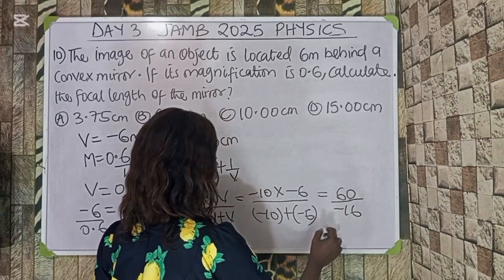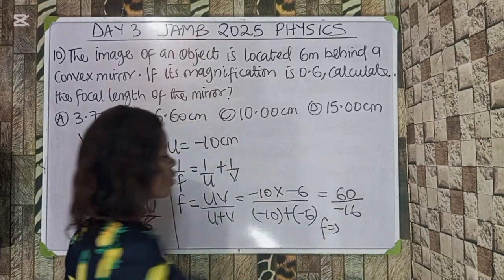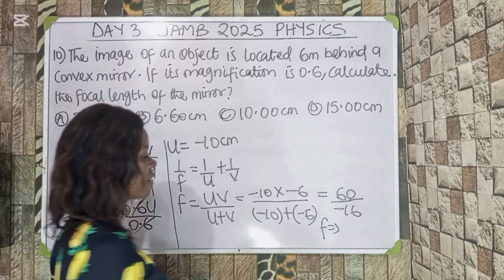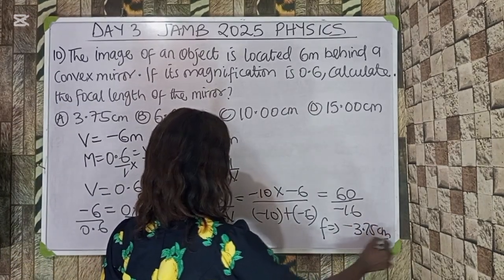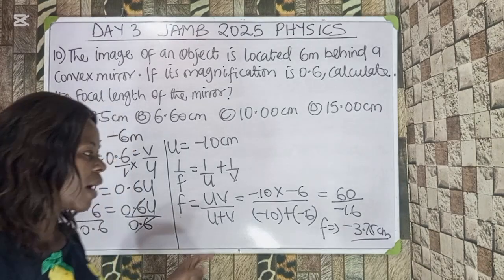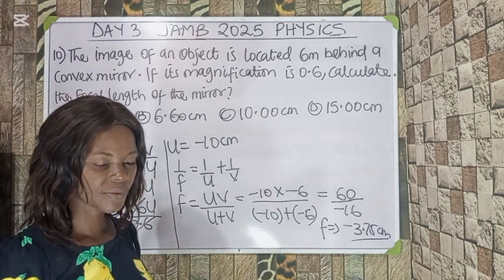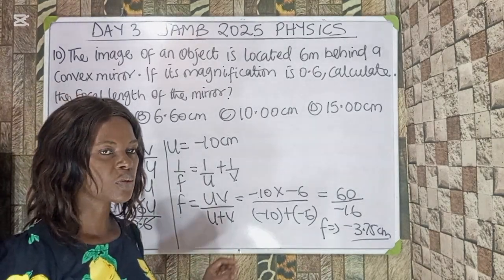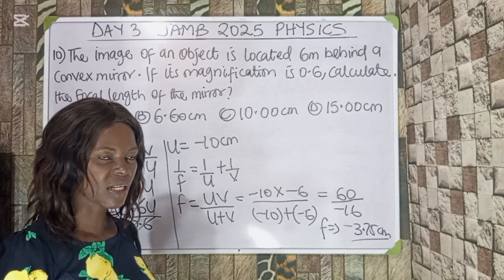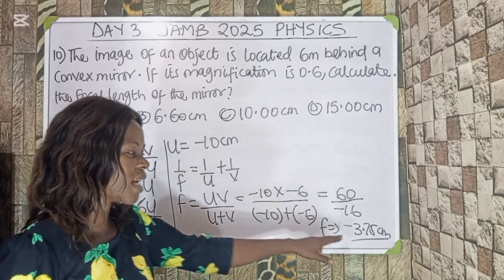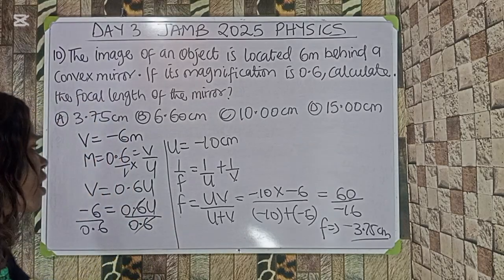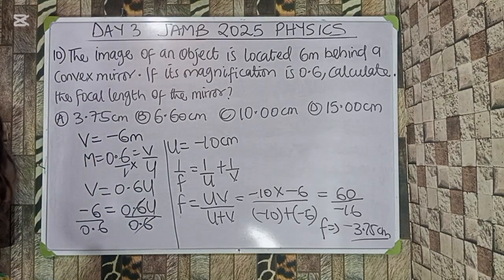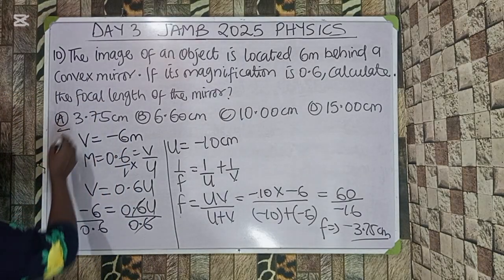Then the focal length is equal to, by the time you divide, minus 3.75 centimeters. Now I know why the focal length is negative, because it's a convex mirror. The focal length and the image distance must be negative. That is why the answer is negative. Is that clear? Now from what we've got so far, the correct option to this question is option A.